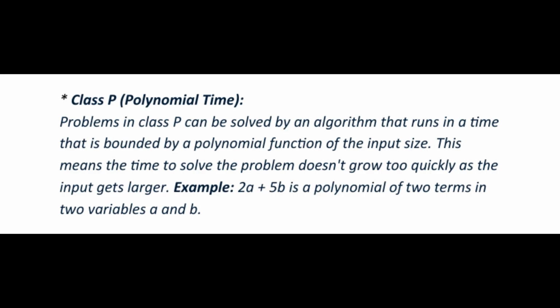Problems in class P can be solved by an algorithm that runs in a time that is bounded by a polynomial function of the input size. This means the time to solve the problem doesn't grow too quickly as the input gets larger. Example: 2a plus 5b is a polynomial of two terms in two variables a and b.